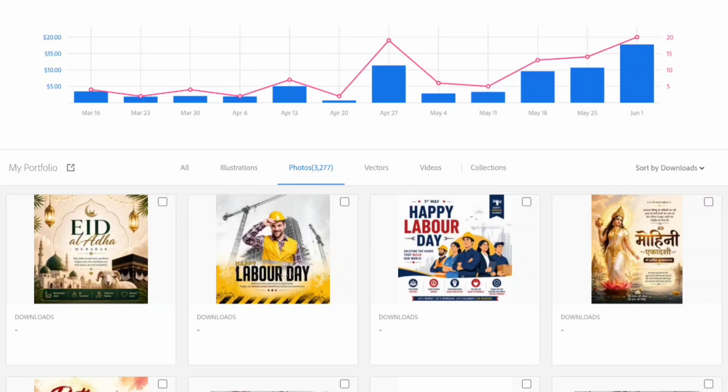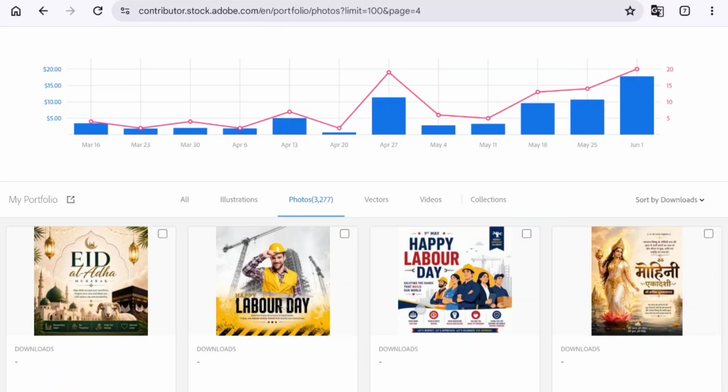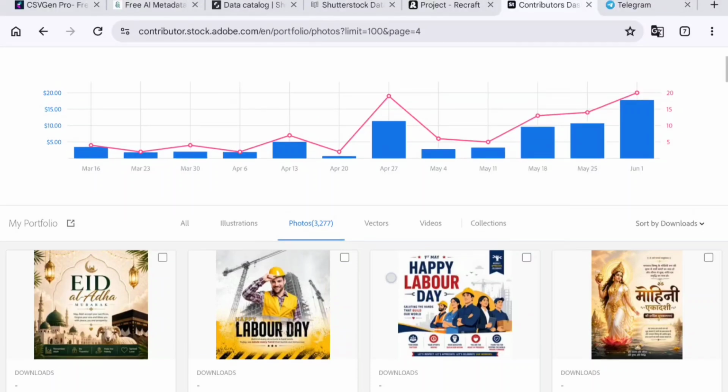But here's something many beginners miss. It's not just about the number of uploads. Quality, keywording, trends, and niche selection matter much more. A portfolio of 300 highly searchable designs can outperform a portfolio with 2000 random uploads.